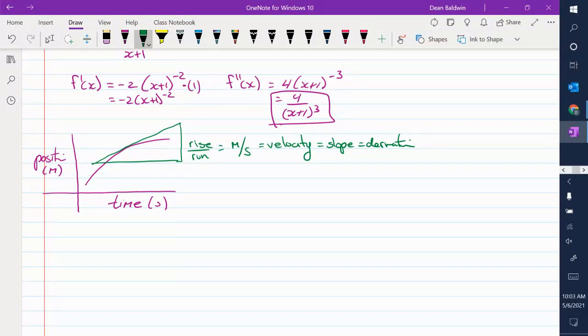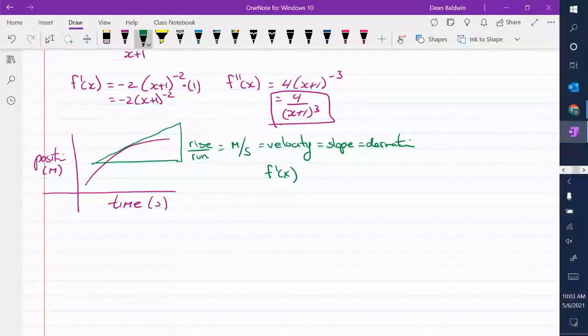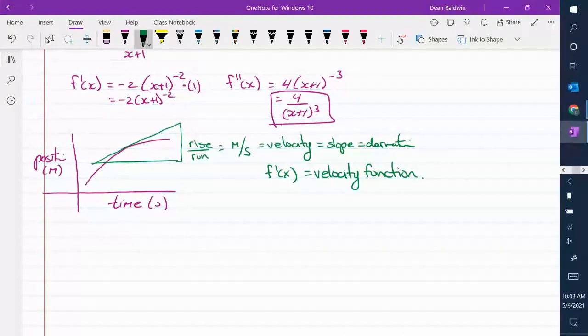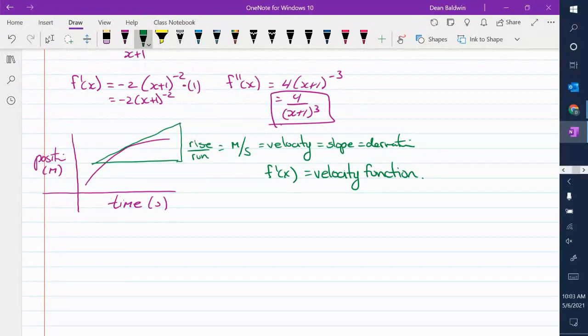So f prime of x, when you're talking about position-time graphs, is equal to the velocity function. The first derivative of a position-time graph gives you the velocity function.